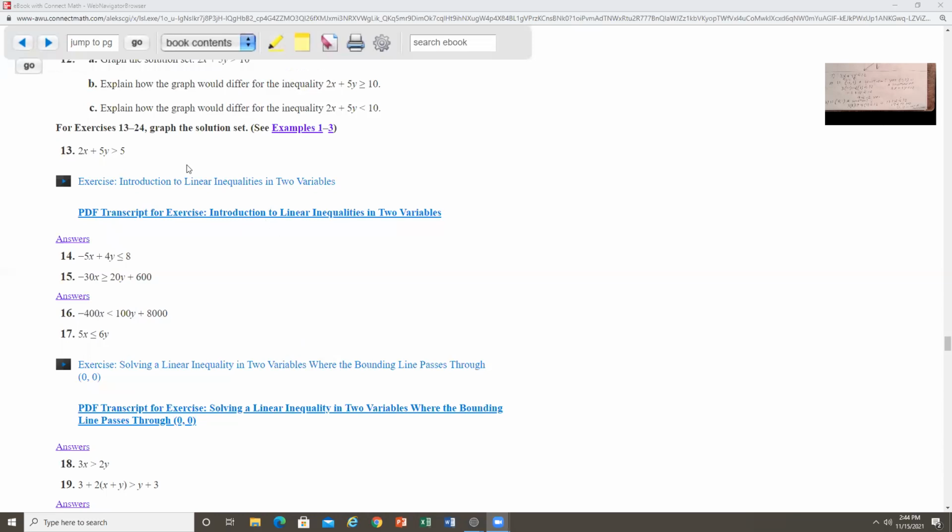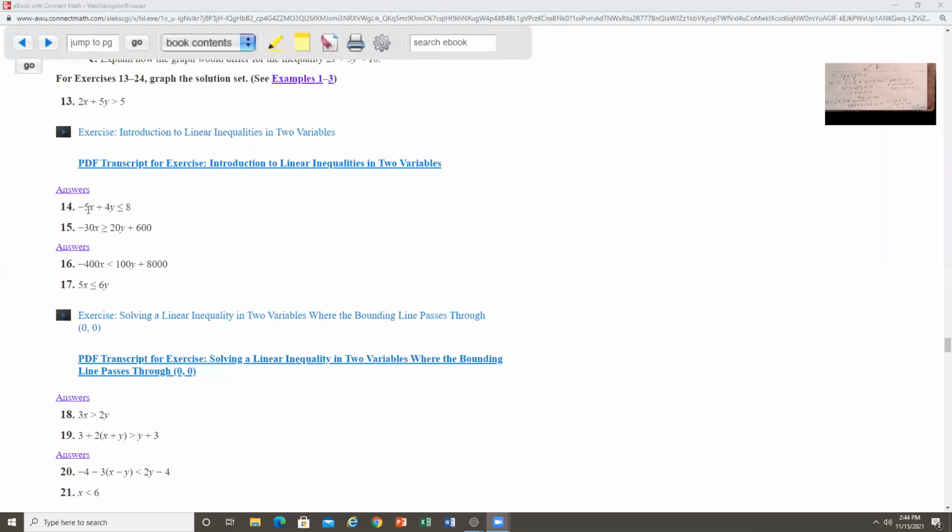Now, in these problems, they want you to graph the solution set to these inequalities. Like problem number 14 here, they want us to graph the solution set of this inequality. Now, why would we want to graph the solution set to this inequality?